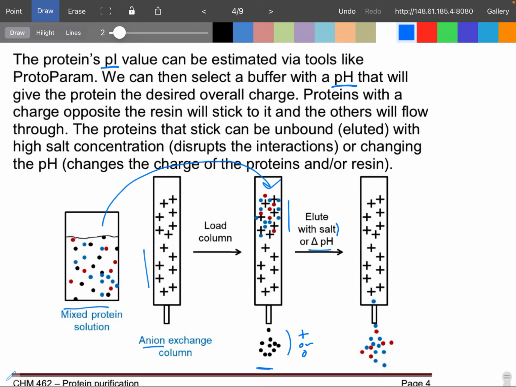So there are various ways to elute proteins from an ion exchange column. In any case, we have definitely separated these two populations of these black ones and the remainder. And so ion exchange chromatography is a very powerful and useful technique for protein purification. And you will get to experience this in a few weeks.